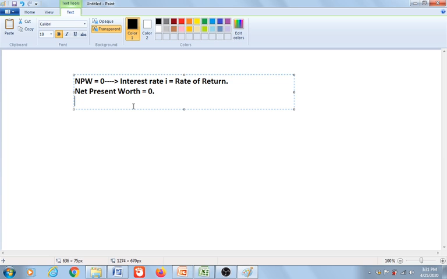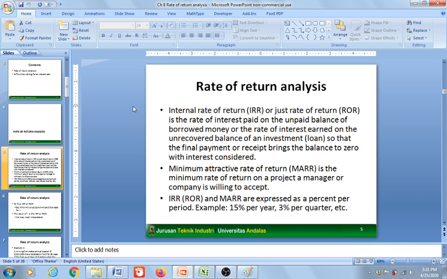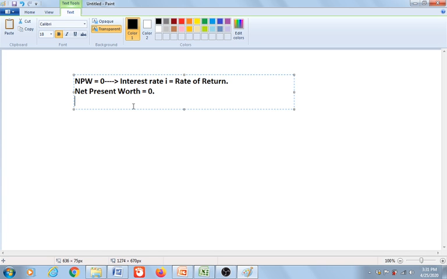There are two other names for rate of return. Number one, people call it IRR, which is the internal rate of return, or just ROR, which is the rate of return. Sometimes people will say IRR and sometimes ROR, but the basic concept is the same.